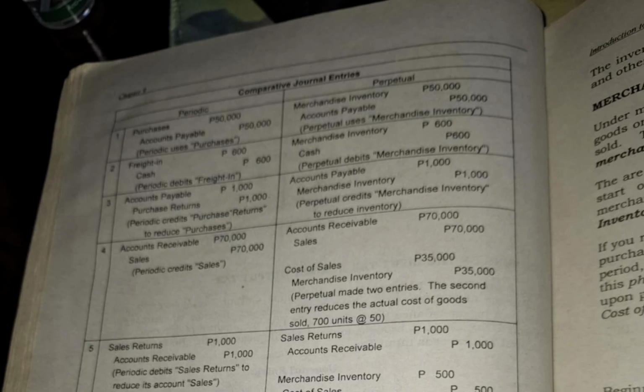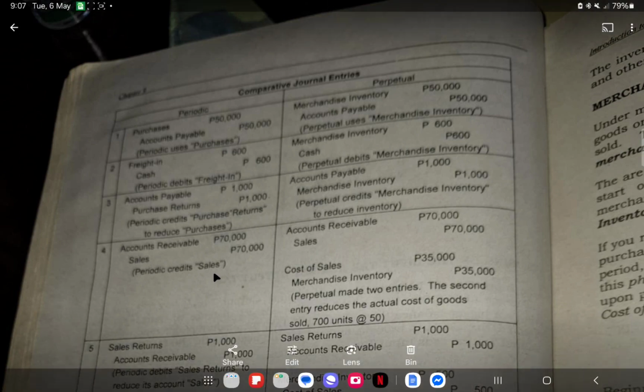Just like if you are selling a bag, you purchase it from Shopee at 50 pesos and sell it to your customer for around 100 pesos, so half is your profit. You are increasing your price from the actual cost of 50 pesos to 100 pesos. Therefore, 700 units times 100 pesos is 70,000 pesos.